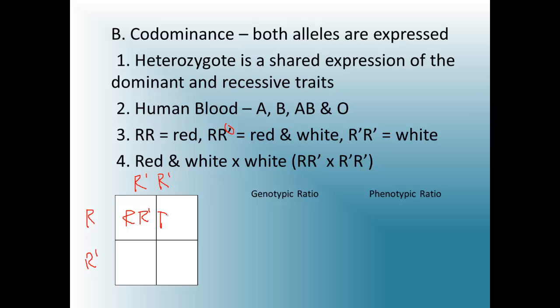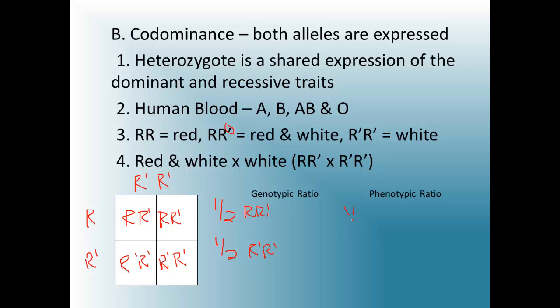Okay, again, I'm just putting my big R without the prime first. It doesn't really matter. Okay. Alright, so then we filled across, we filled down. Now we'll do our genotypic ratio. This should look very familiar to what we got before, but our phenotypic ratios are going to be different. So we have 1/2 big R prime, 1/2 big R prime, big R prime.